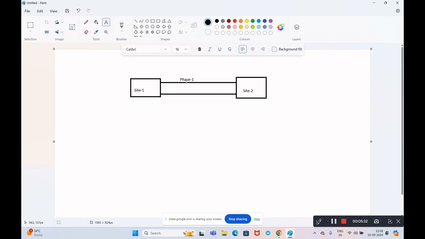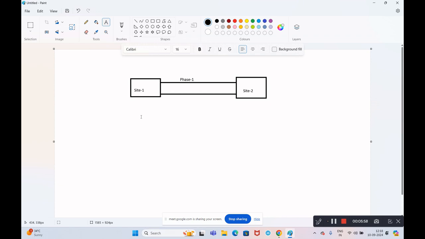Now what will site 1 and site 2 do? They will also negotiate some parameters in phase 2. The parameters negotiated in phase 1 will be negotiated in phase 2 as well, but in phase 2 one more parameter is added, that is the protocol.